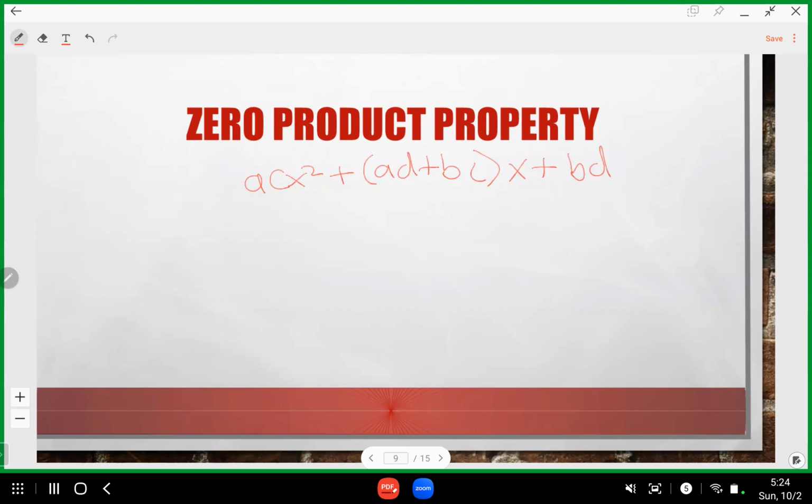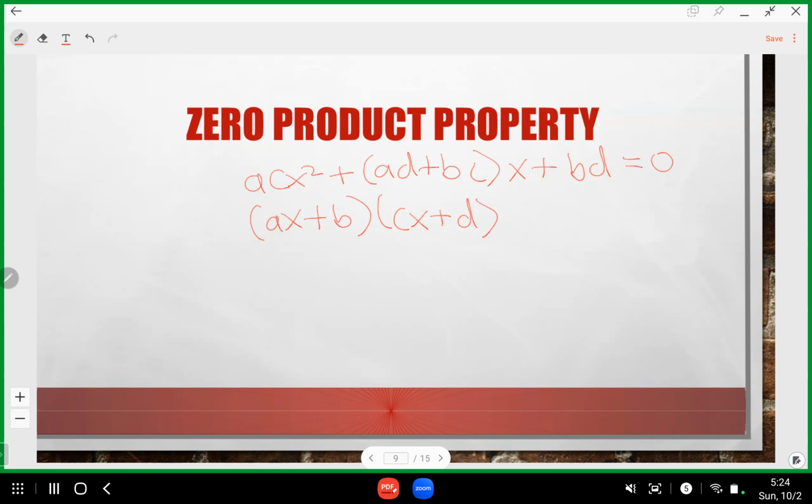All right, so I'm pretty sure we have seen this form before. It's basically ax plus b times cx plus d, right? Let's just set this equal to 0. All right, so let's say that is part of your quadratic equation.